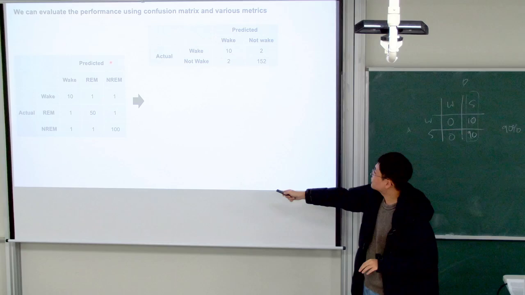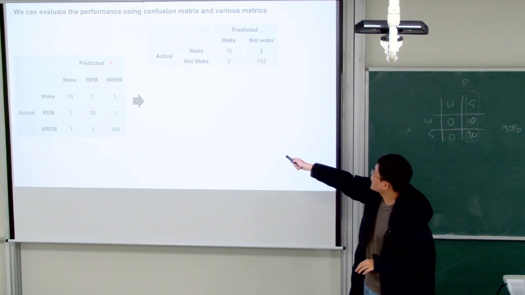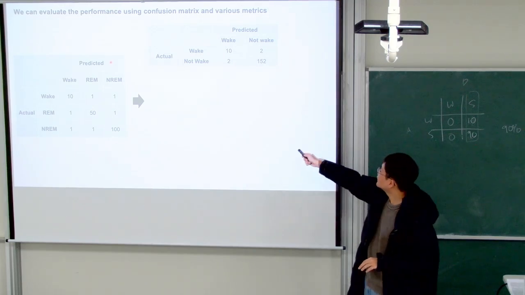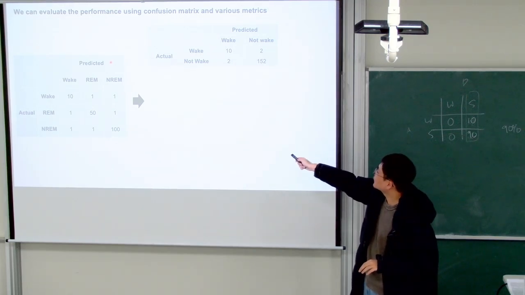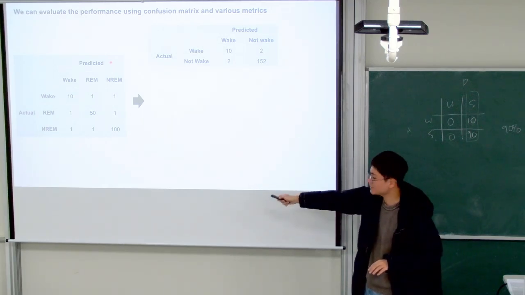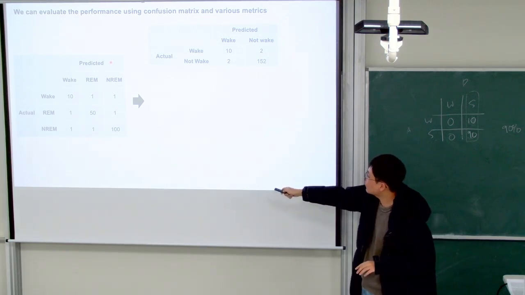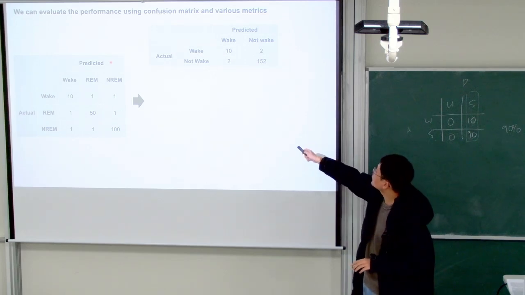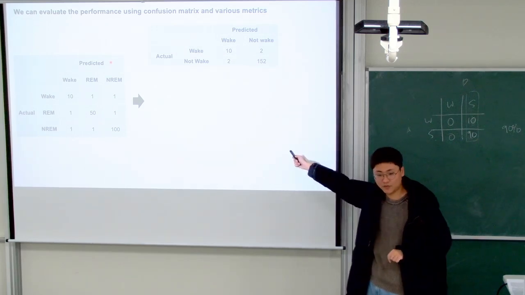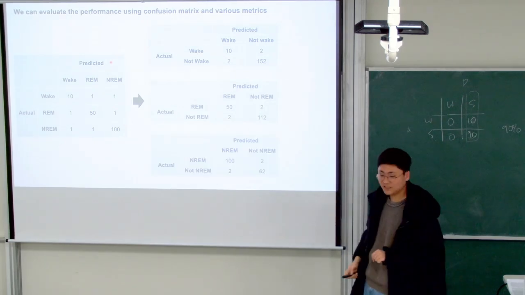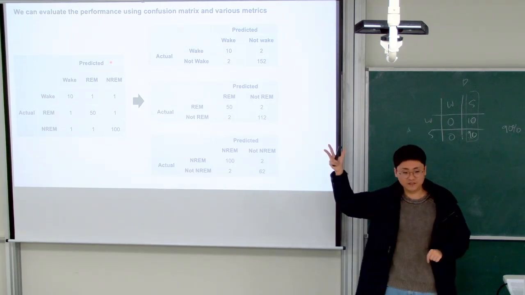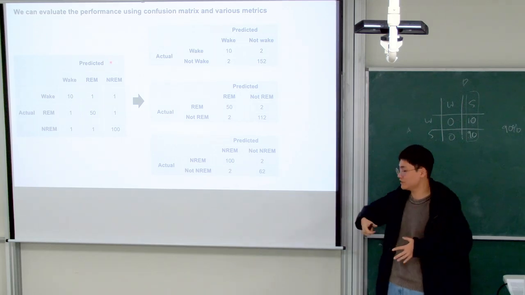Then the amount of actual wake that we predict as wake is still 10, and the amount of actually not wake that we predict as wake is this portion, right? That is why I write 2 here. And these 4 cells are classified into not wake and we predict as not wake. So in this way we can make these 3 collapsed confusion matrices.